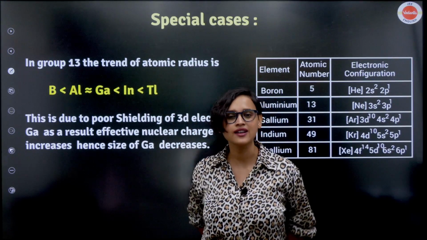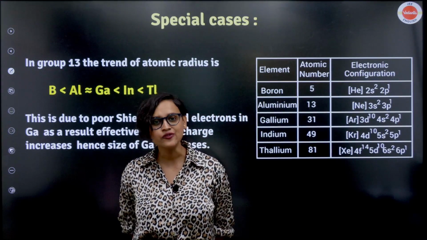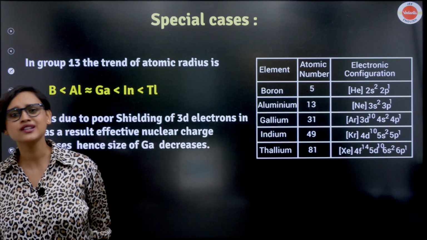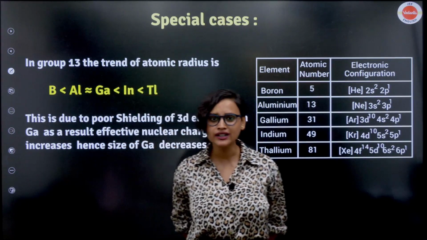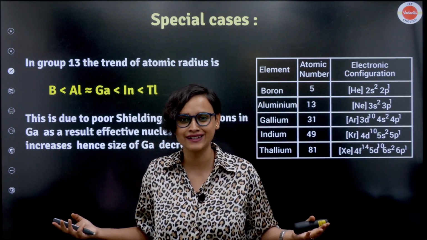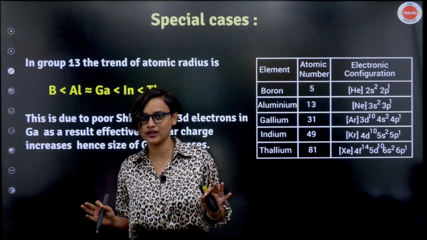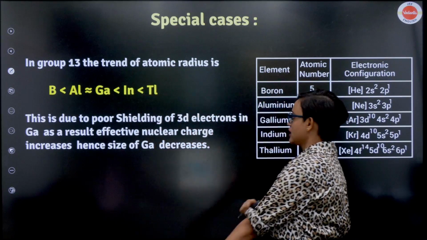Basically, everybody is just following the rules. There are no exceptions, nothing at all. You just have to always remember the rules. If you remember the rules, you will figure it out. You just have to see which rule is more applicable, that's it. So if somebody tells you that chemistry is all about exceptions, don't believe them. Anyway, now here is a special case.